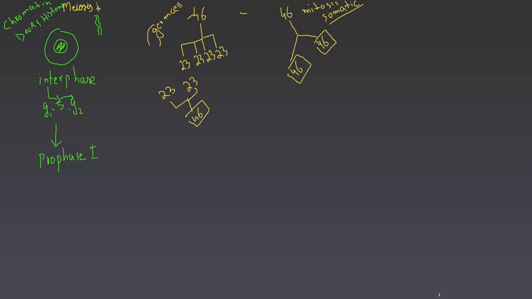because meiosis is also of two types. We have meiosis 1 and meiosis 2. So this is really prophase 1. In prophase 1, the genetic material or the chromatin condenses, or it wraps itself up enough, and becomes an X-shaped structure.